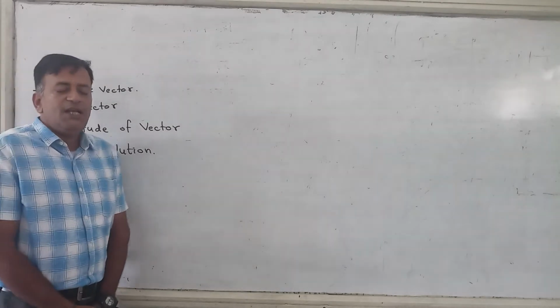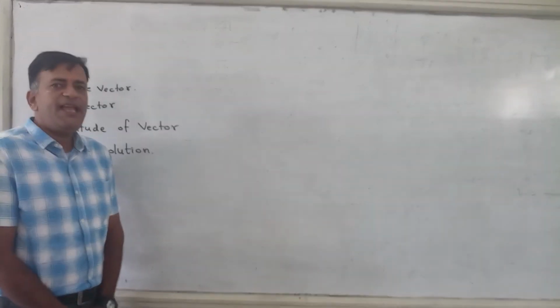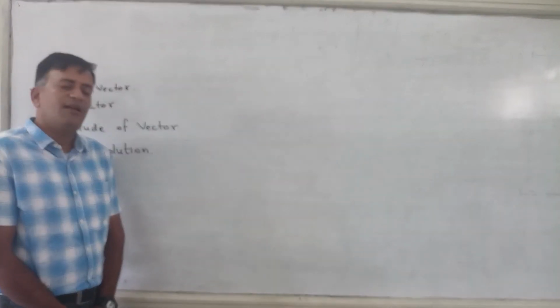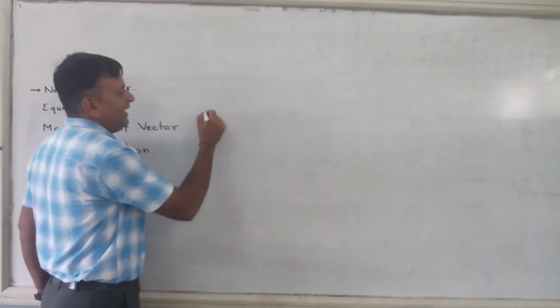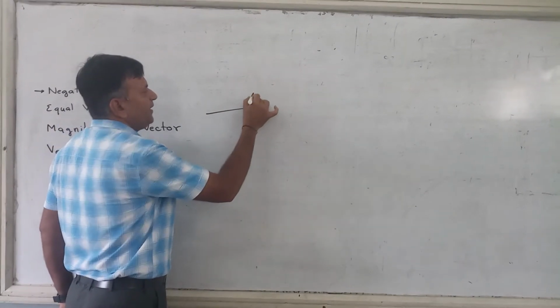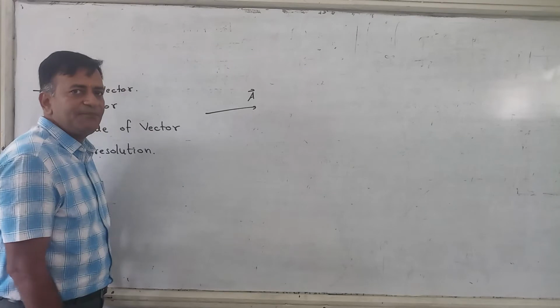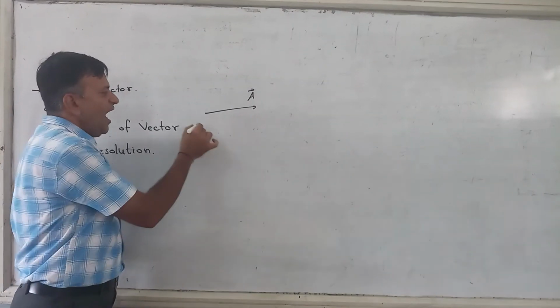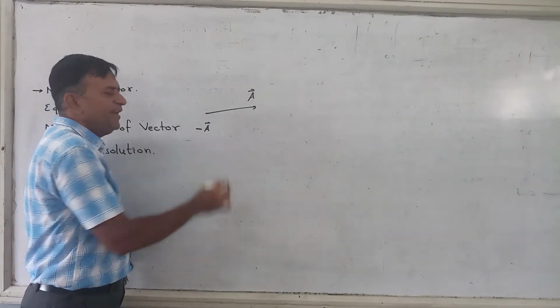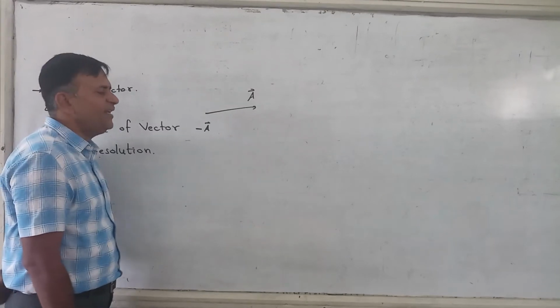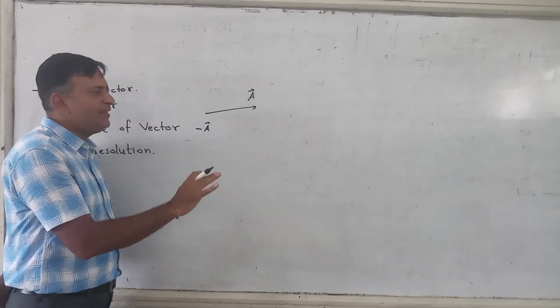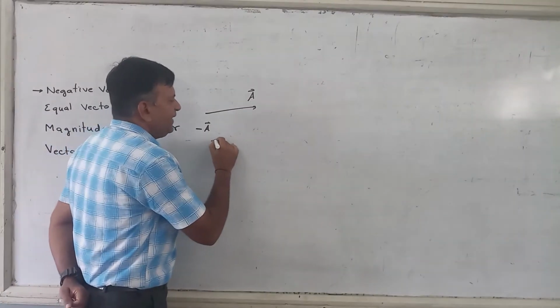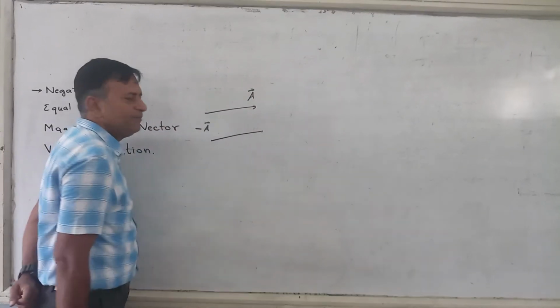Suppose we have a vector which is like this, I call it vector A. How will I write negative vector A or minus vector A? Very simple, draw another vector of same magnitude.